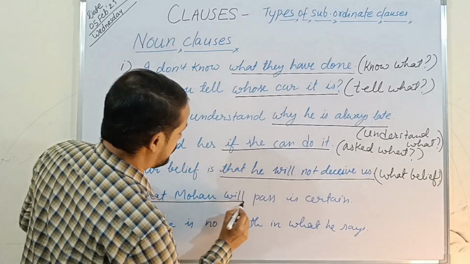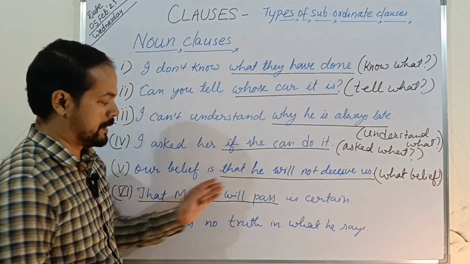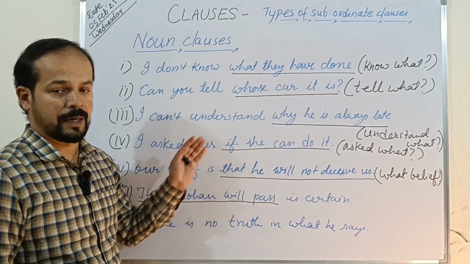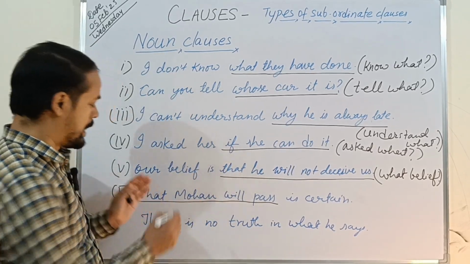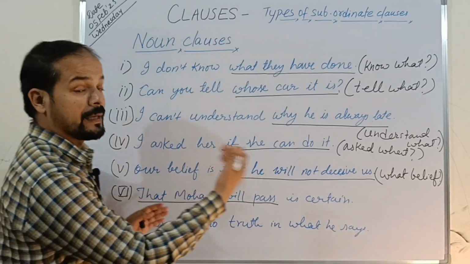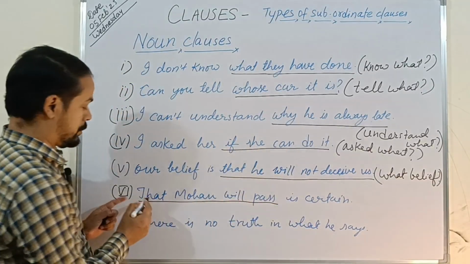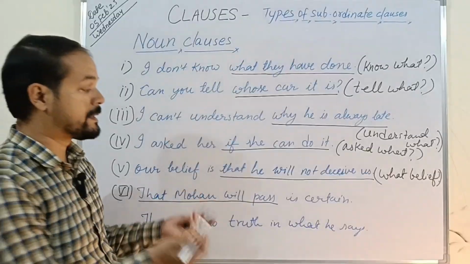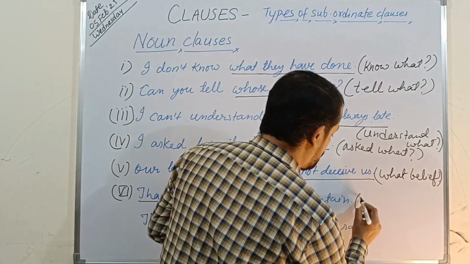You can notice that the subordinate clause, whether it is a noun clause, an adjective clause or an adverb clause, and since we are dealing with noun clauses, it may come in the beginning, in the middle, or at the end of the sentence as well. So here, that Mohan will pass is certain. What is certain?